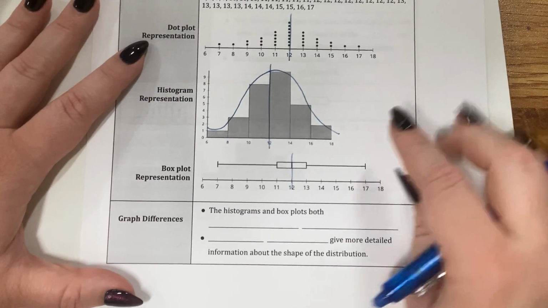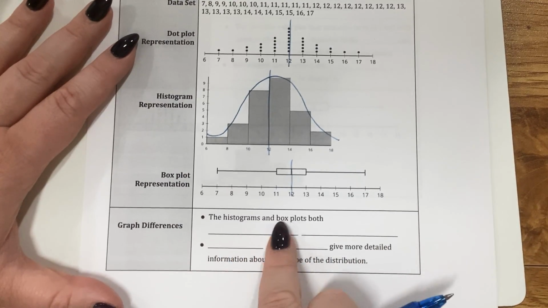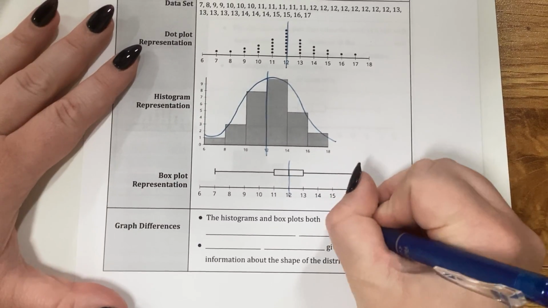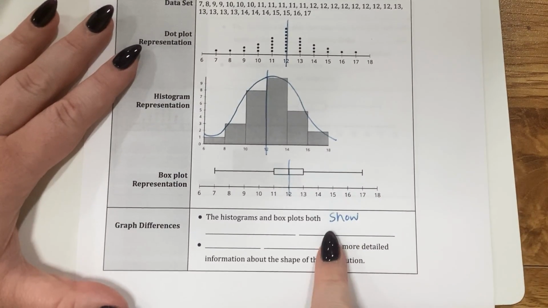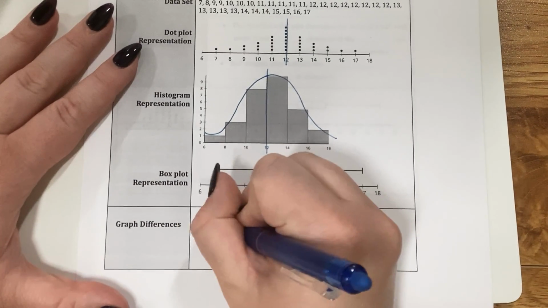So let's go down below to page 11's first 2 bullet points. So we've got the histogram and box plots both, show, you're gonna have to add in this one because I forgot to give a line. Both show symmetric distributions.